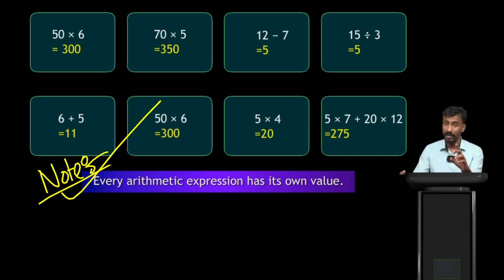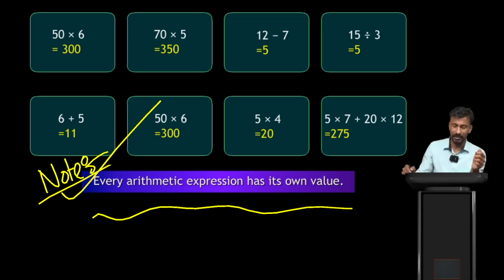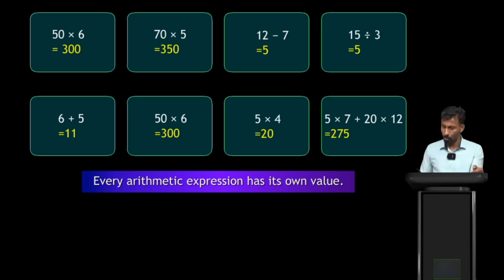It means that the values of arithmetic expressions are not all constant; it will be variable. It could be 100, 200, 1000, 25, 8, 7, 10,000, anything. So every arithmetic expression has its own value. The value is not certain. That's a note.